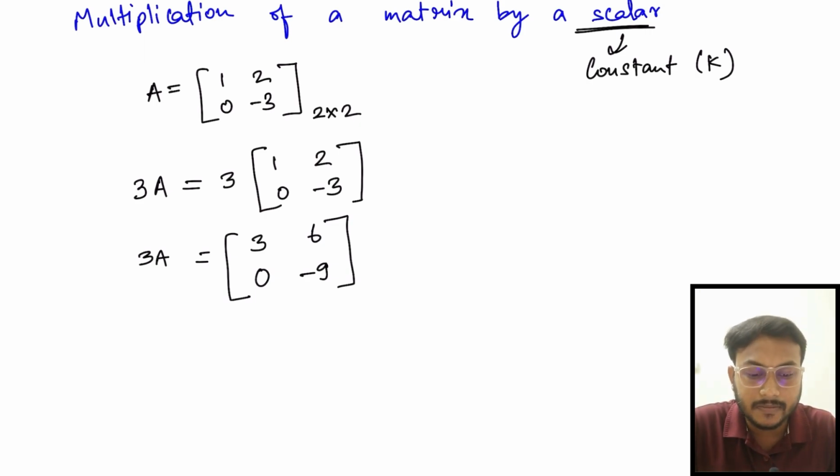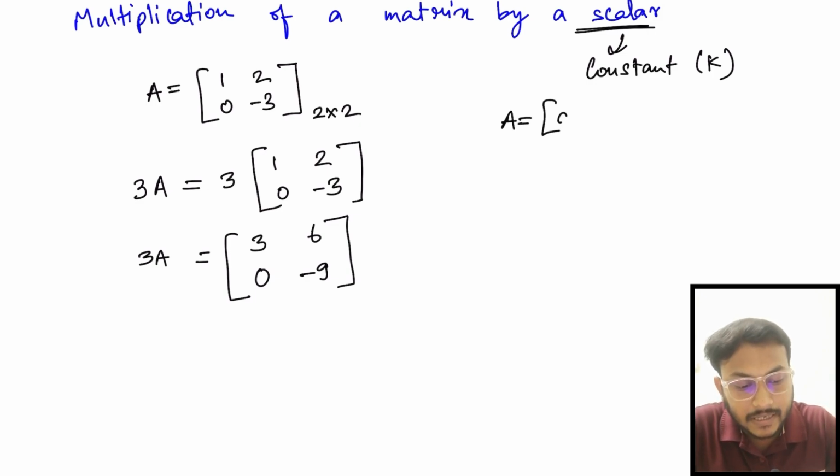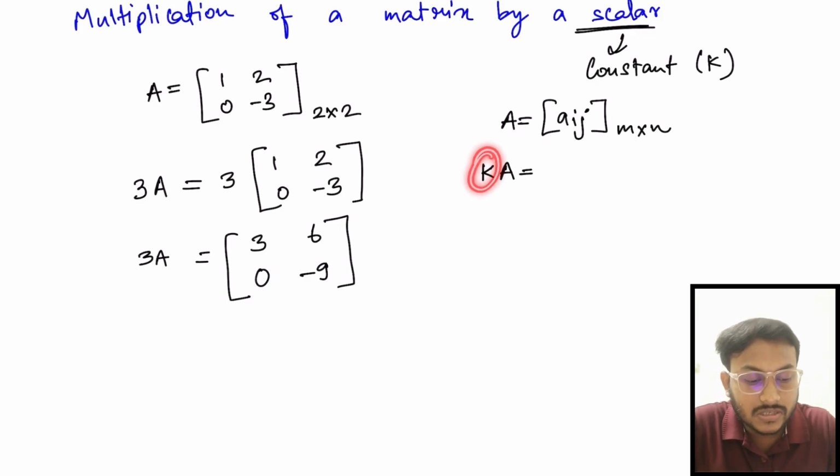So whenever a scalar, a constant, is multiplied with a matrix, that constant is multiplied with every element in the matrix. In general, A is a matrix that has elements Aij and has order m by n. Now let's say I need to find k times A. Here k is a constant and A is a matrix. The matrix can have any number of elements, and its order is m by n.